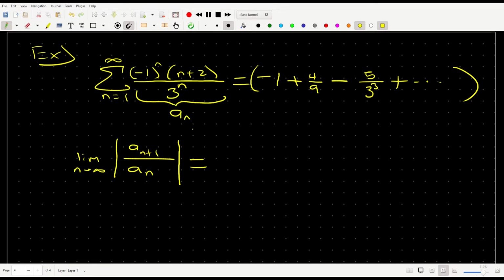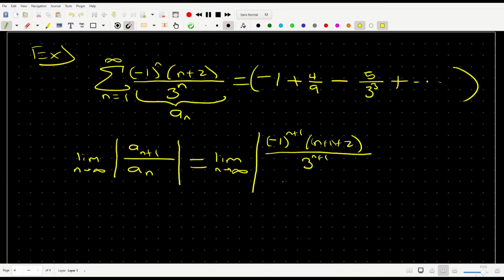So this limit as n goes to infinity is going to be negative 1 to the n plus 1 times n plus 1 plus 2, divided by 3 to the power n plus 1. And this will be divided by negative 1 to the n times n plus 2 over 3 to the n.